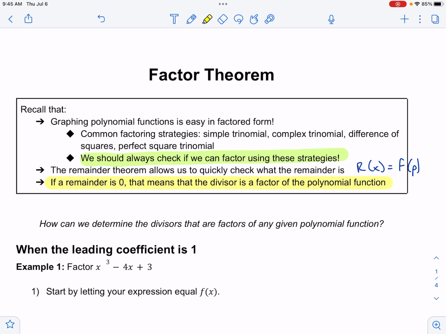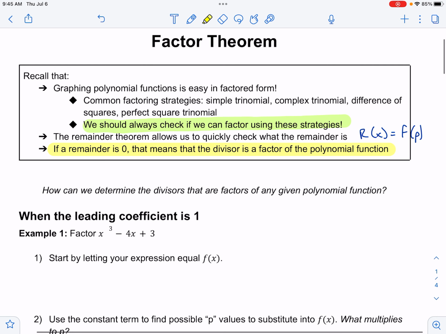We are able to literally factor it out simply by quickly checking what the remainder is. Okay, so the question we have here: how can we determine the divisors that are factors of any given polynomial? And that's our goal with factor theorem today.